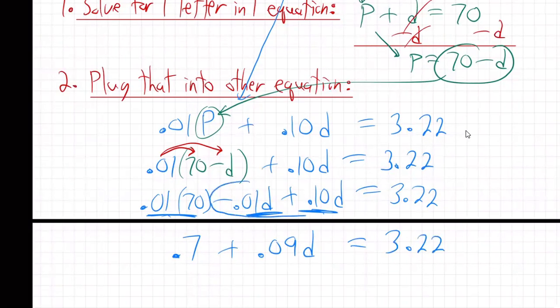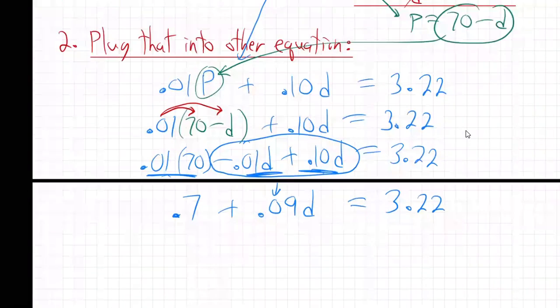These two right here made 0.09 D. Well, because it is 10 cents D minus 1 cent D, which is 9 cents D, isn't it? 0.10D minus 0.01D is 0.09D. Like 10 cents minus 1 cent is 9 cents. They're both D, they're like terms. So we subtract them. All right, we're almost there.